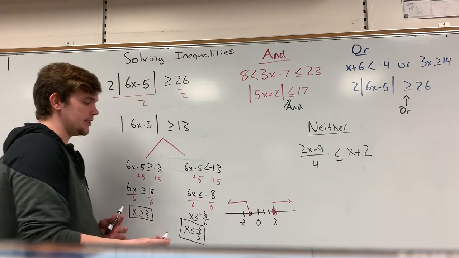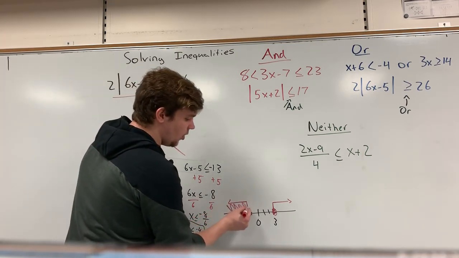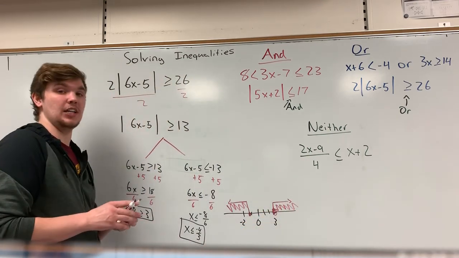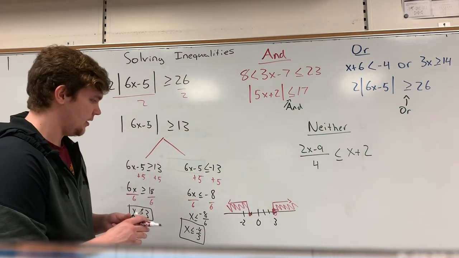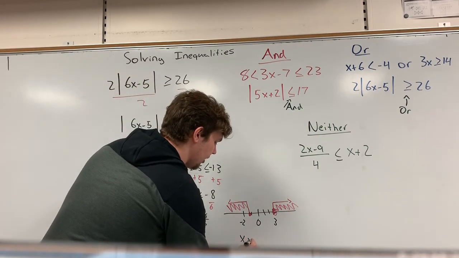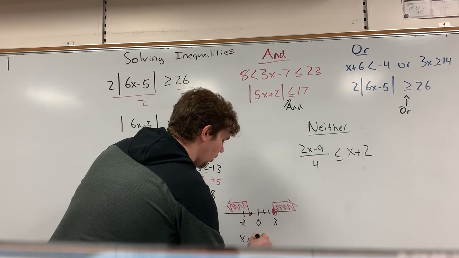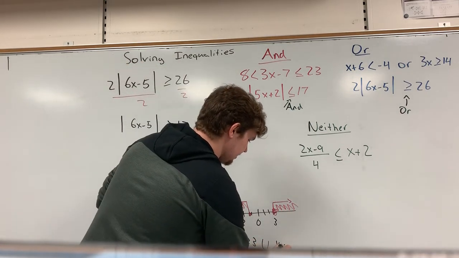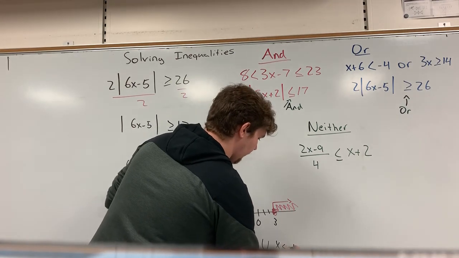So my final answer is either in here or in here, one of the two, because this is an or statement. The final answer is x greater than or equal to 3, or, meaning union, x less than or equal to negative 4/3.